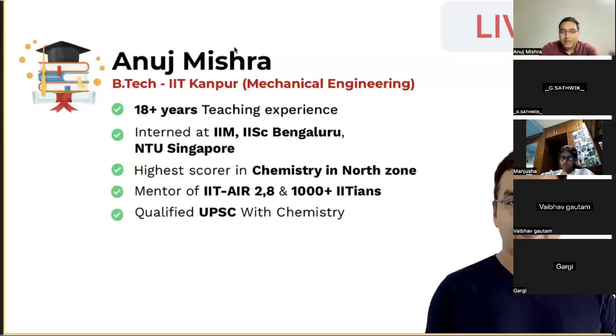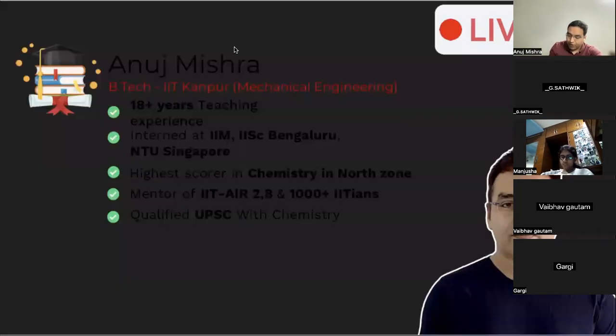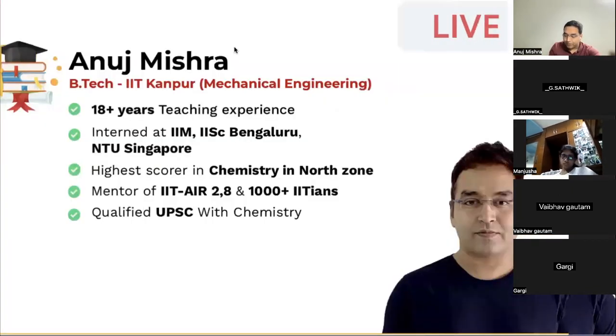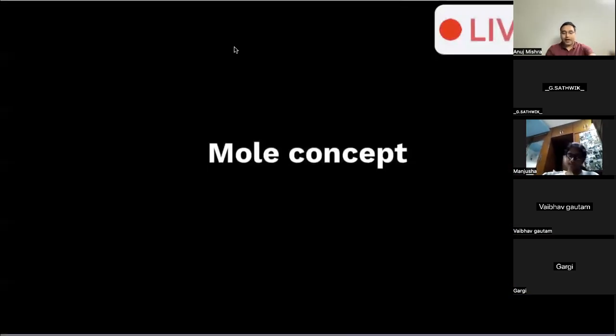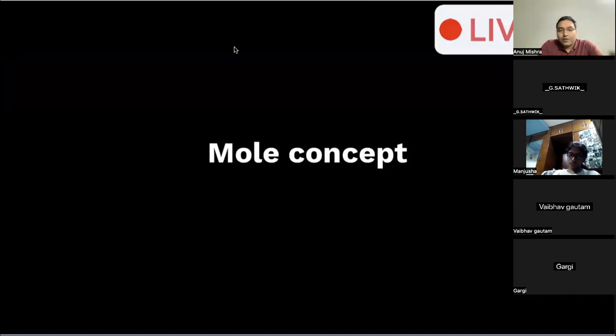So today's main agenda is that we are going to learn a topic named mole concept, right? That is the whole idea here, that we will start this topic and try to learn this. Before we proceed, there are a few things I would like to discuss. In chemistry, there are 3 parts: physical, organic, and inorganic.